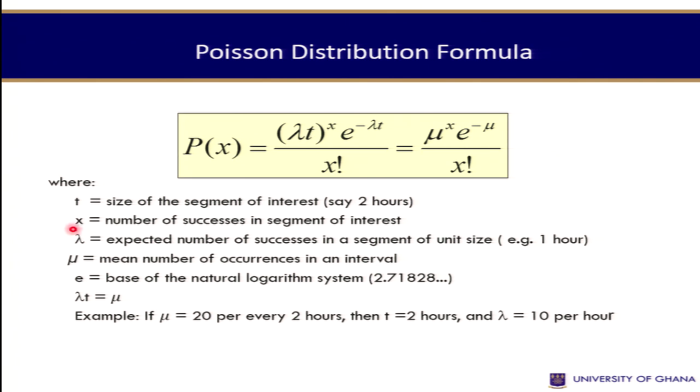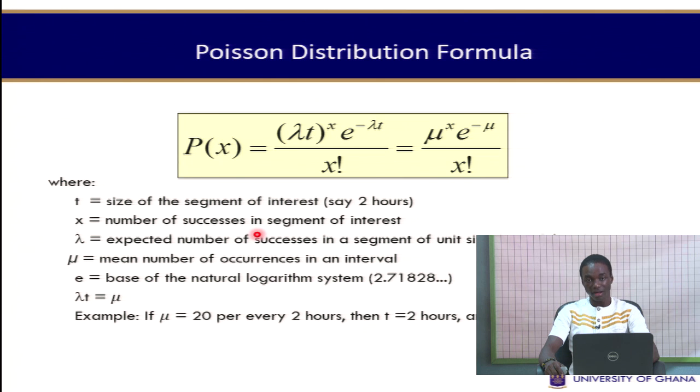We have t being the time segment of interest, say 2 hours, 1 hour, 45 minutes, and so on. X is the number of successes in the segment of interest. For example, if I'm looking for the number of customers that arrive at a certain checkout counter in, say, an hour or 2 hours, our X will be the value that I want.